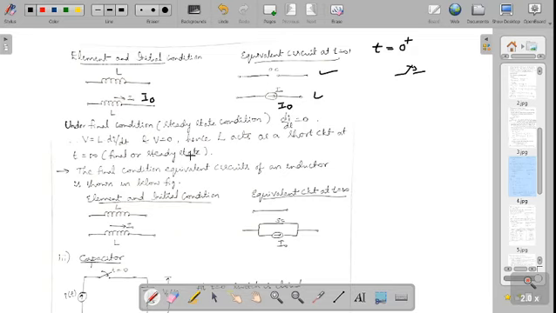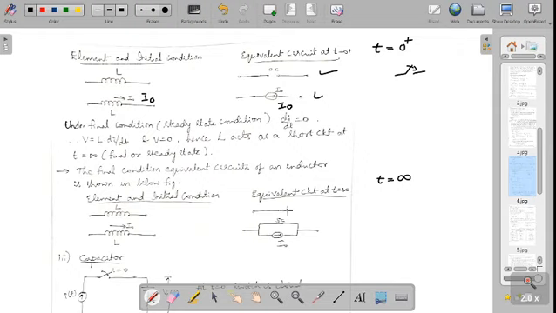Now let us consider time t equal to infinity. If you are given an inductance at t equal to infinity, it will behave as a short circuit.